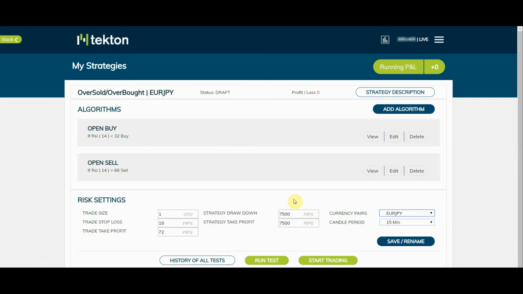So for example, if you back tested this and set both of these to say 200 or 300, and I'm going to back test it in a moment using this setting, Tekton will test until you've got a 300 pip take profit or a 300 pip drawdown from zero.